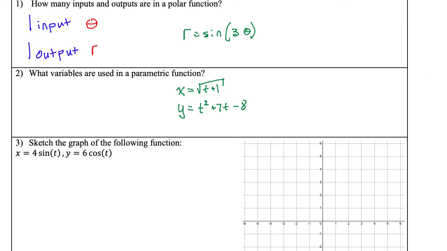And yeah, so your variables are x, y, and t. You have to have 3 variables where you have one input. I'll write this down too just in case it shows up on the test. You'll have one input, and then 2 outputs.